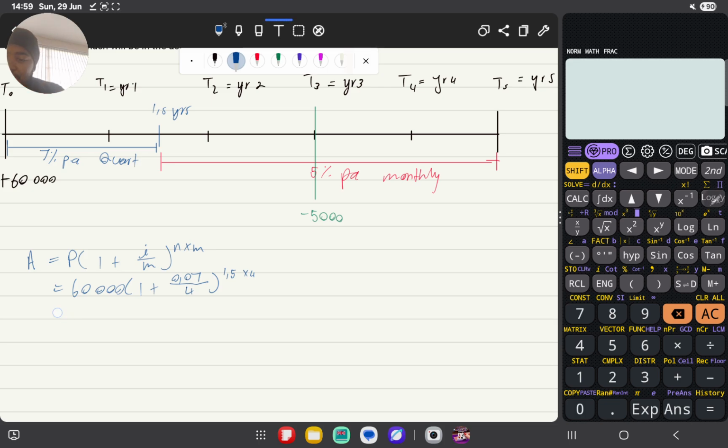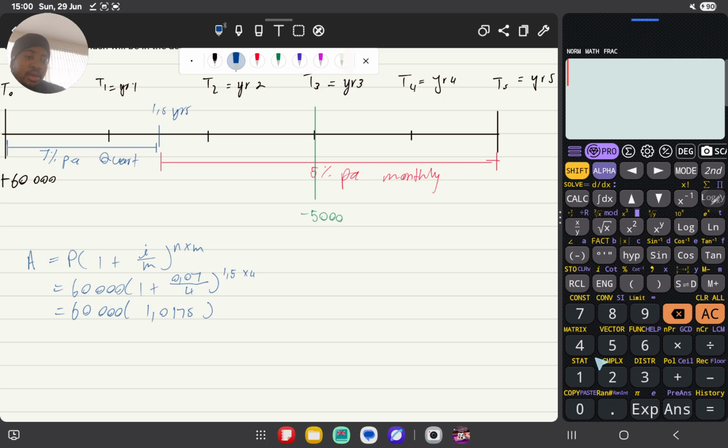Maybe I can just do this. Then I'll add these things, 1 plus 0.07 over 4, that's 1.0175.